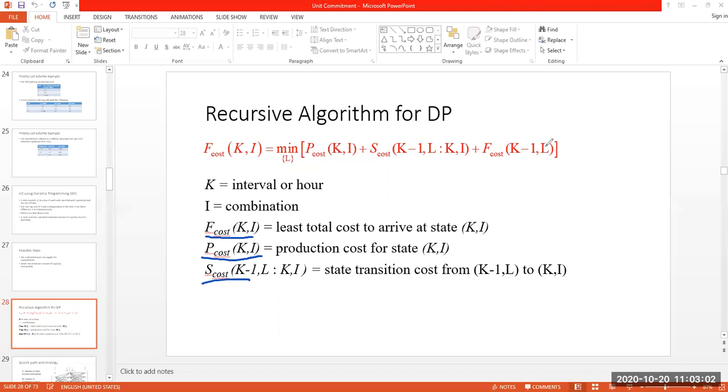And this is the updated minimum cost for the current instant. In total, this is a short description of this recursive algorithm, which is basically used for DP, or dynamic programming.